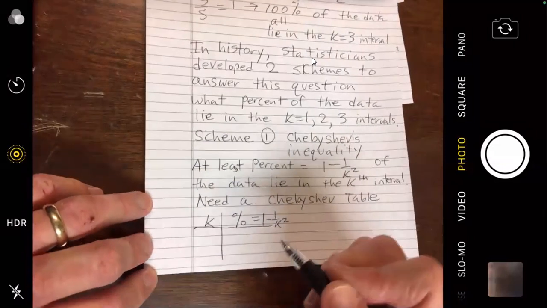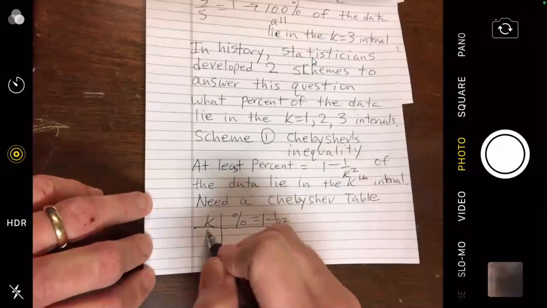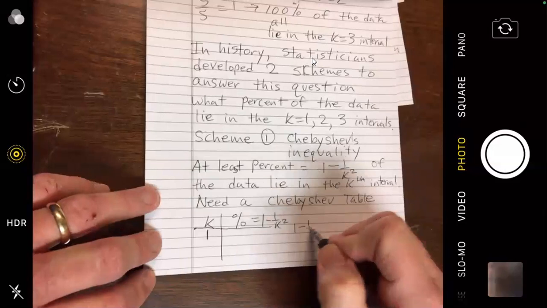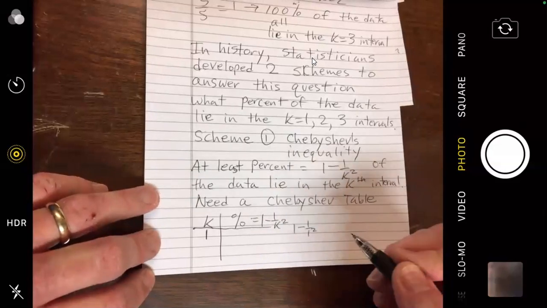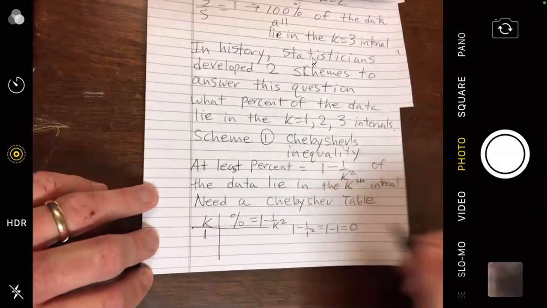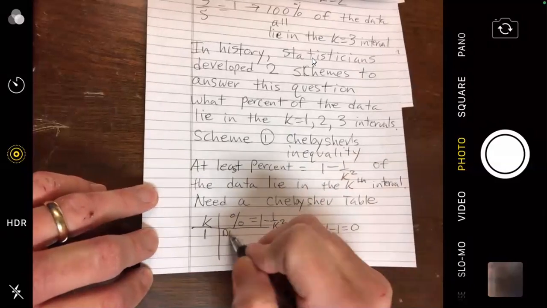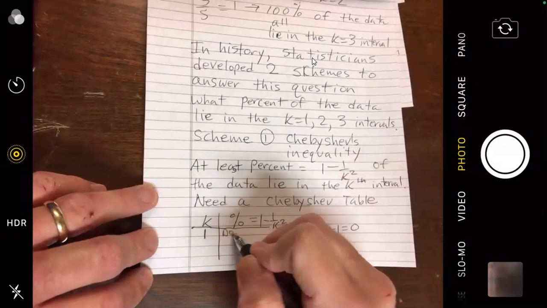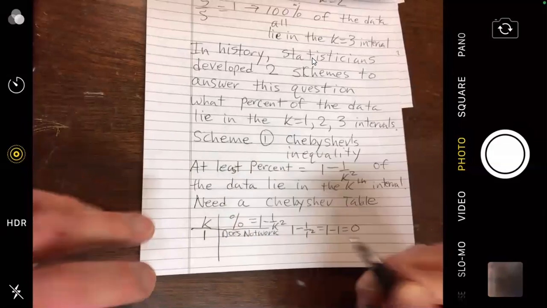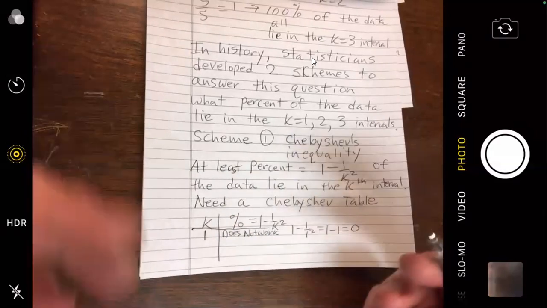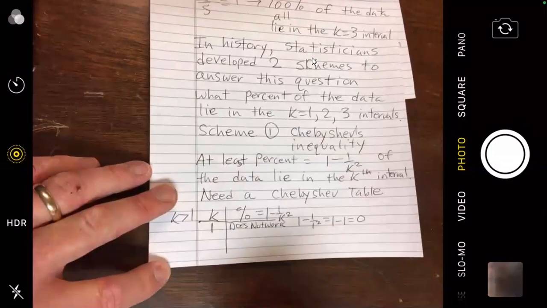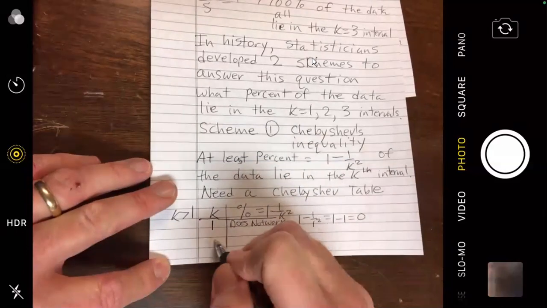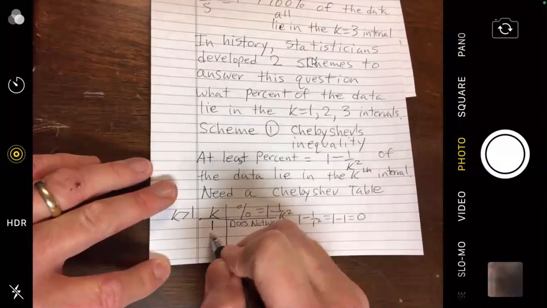You can tell k equals 1, 1 minus 1 over 1 squared is 1 minus 1, which is 0. That does not work. He either never figured it out or there's no answer. It's k greater than 1, so we can use 2 or 3.